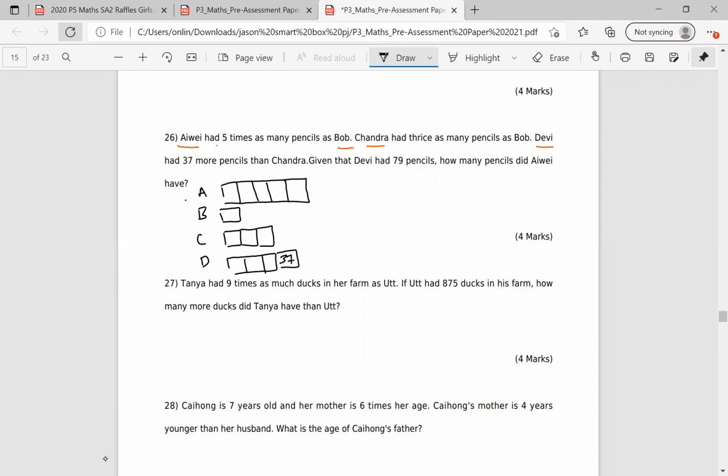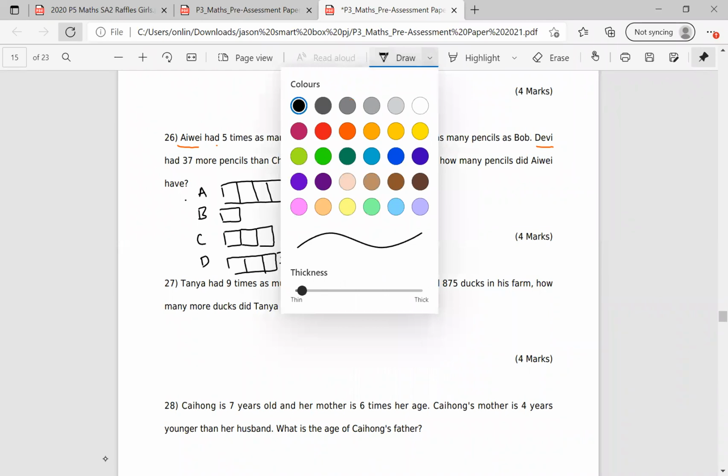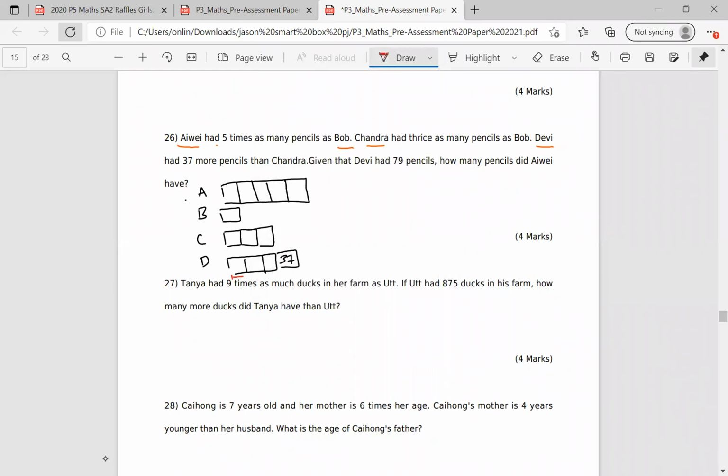And then they say that given that DV, so DV is basically here, the red one, they say this whole part is equals to 79 pencils. So in other words it means 3 units plus 37 equals to 79. We can find 3 units equals to 79 minus 37, which gives us equals to 42.